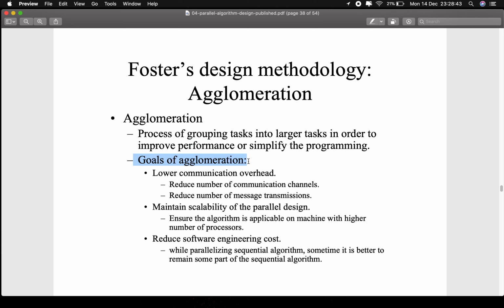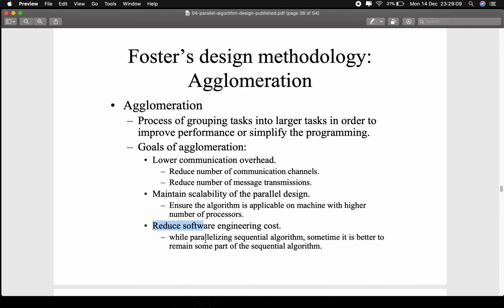So this is the objective. For each step or method under the parallel algorithm, you need to know that each of them has an objective or aim. So the goal is to lower the communication overhead, maintain scalability, and also reduce software engineering costs.